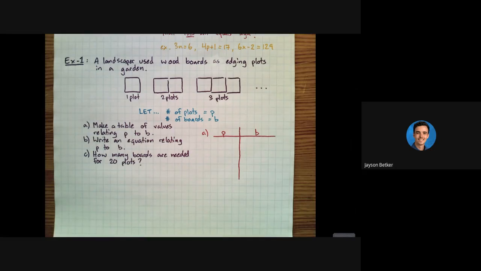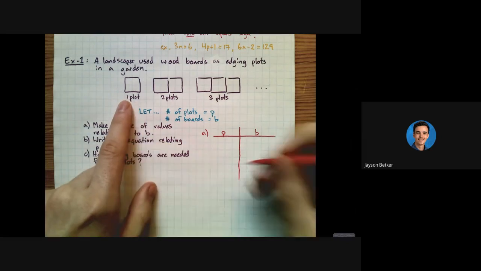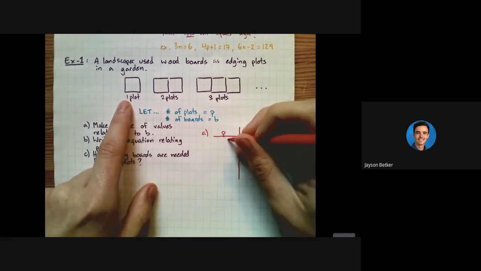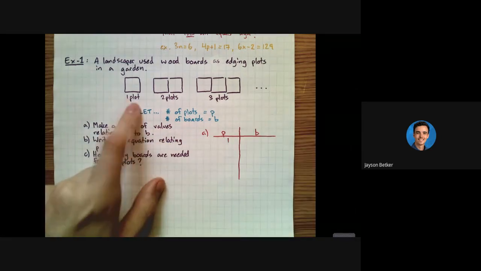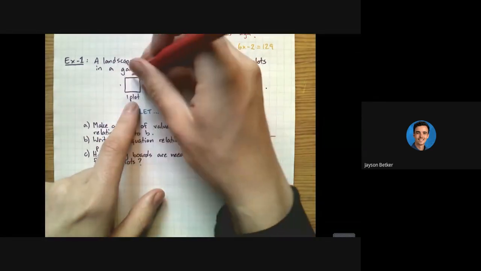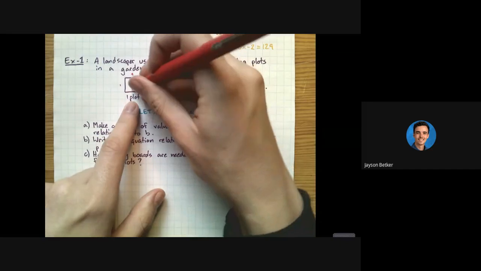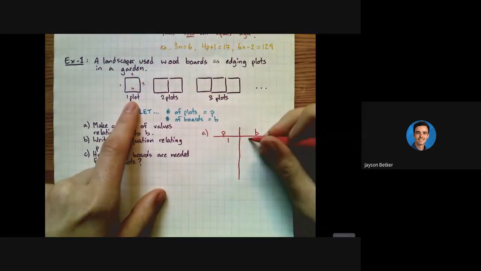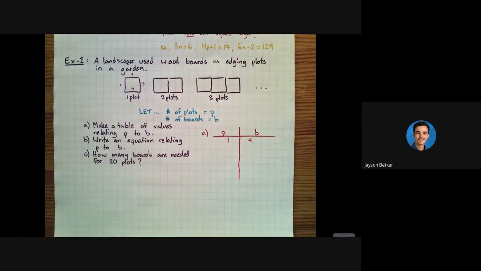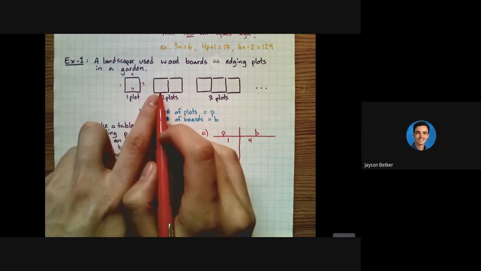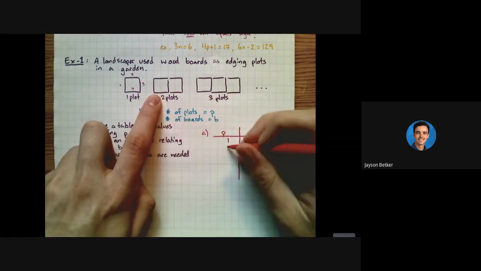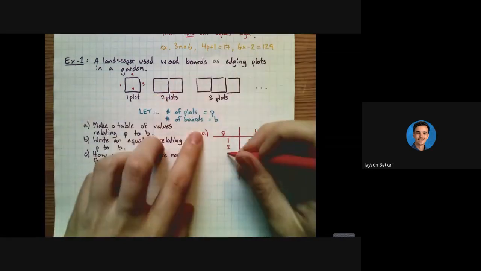So let's take a look at the first one. One plot. How many boards did one plot require? It needed 1, 2, 3, 4. So one plot needed 4 boards. Okay. Now I went from 1 plot to 2 plots, and then from 2 plots to 3 plots.